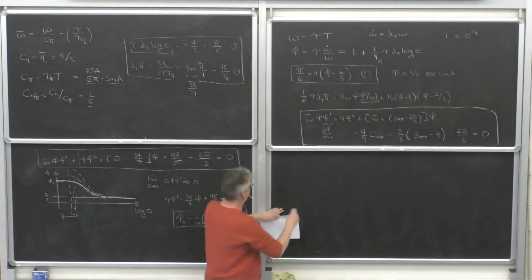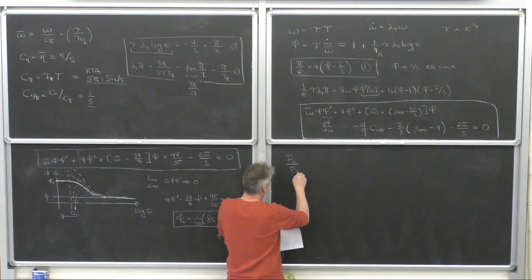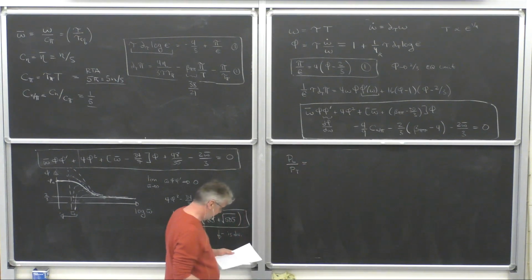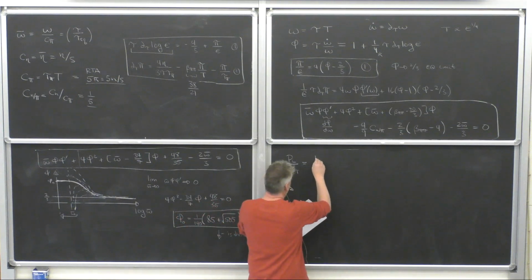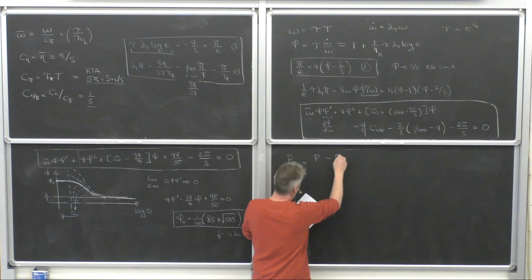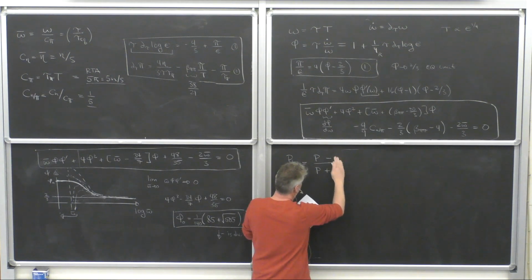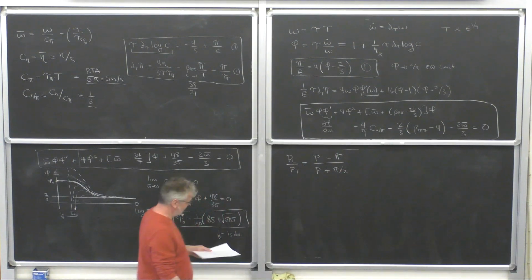And once we know the shear viscous correction, going back to the first part of today's lecture, we know PL over PT, the pressure anisotropy in the local rest frame. It's the ideal pressure, P naught, plus or minus the shear correction, minus on the top, plus pi over 2 on the top.